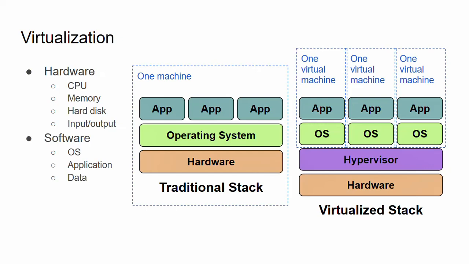So you still have the same concept of hardware, CPU, memory, hard disk, but now you are not providing them as a whole to your customer. Instead, you divide your CPU, memory, all these resources among different virtual machines. Then you offer these virtual machines to your customers. Each virtual machine comes with its own operating system, application, and data.